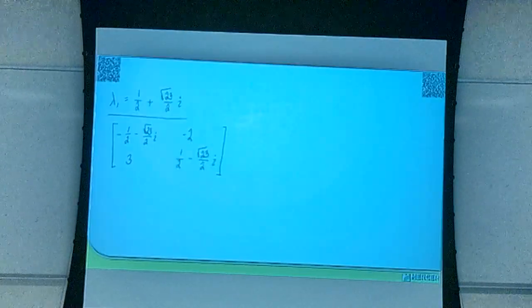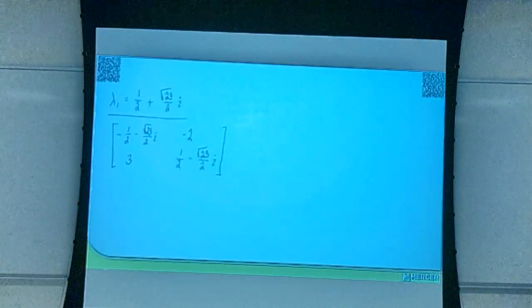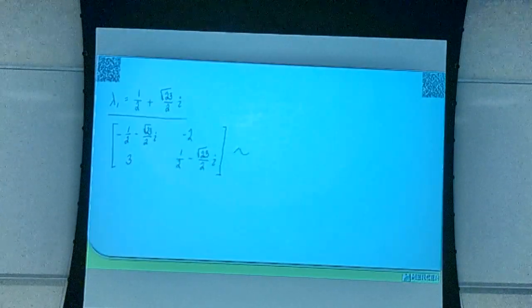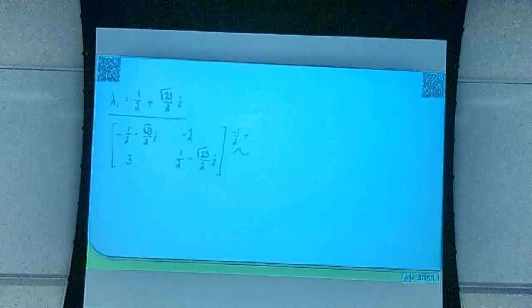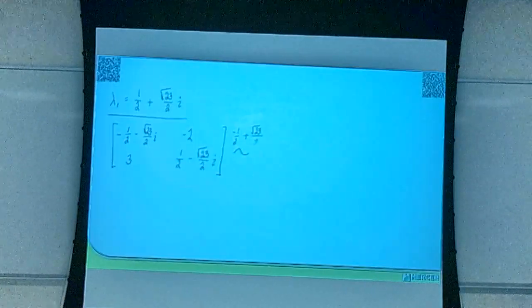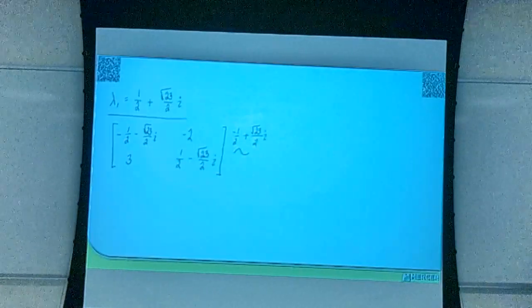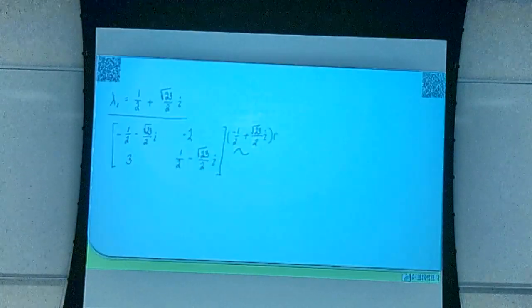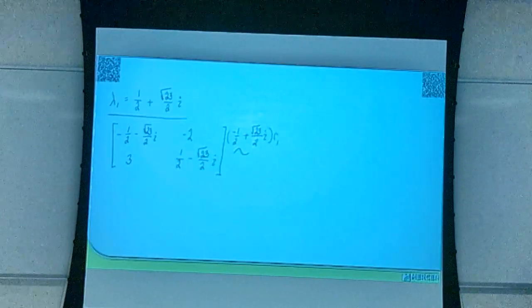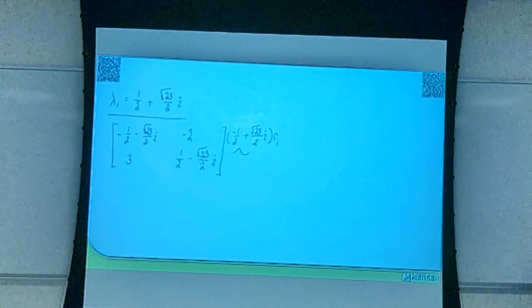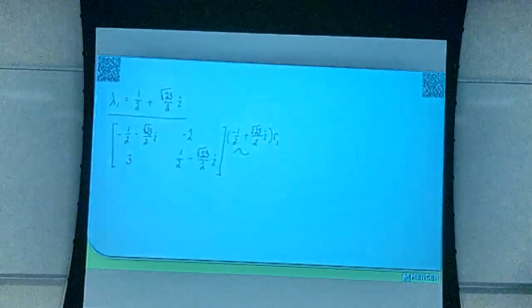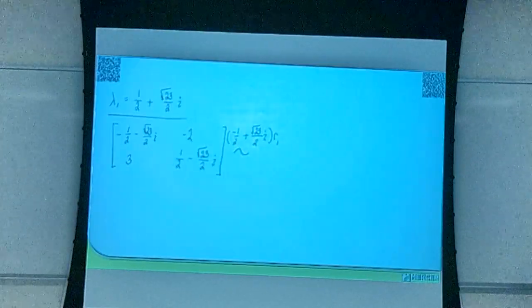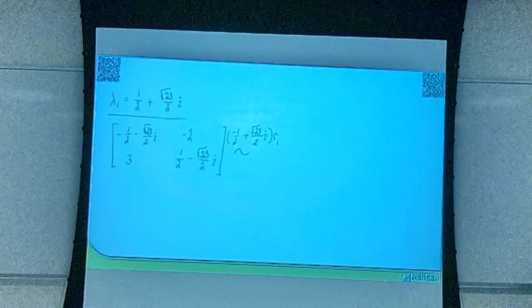Just multiply by the conjugate. That will turn that first entry into a real number only. It gets rid of your imaginary value.